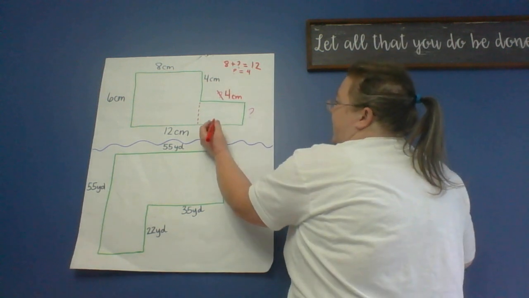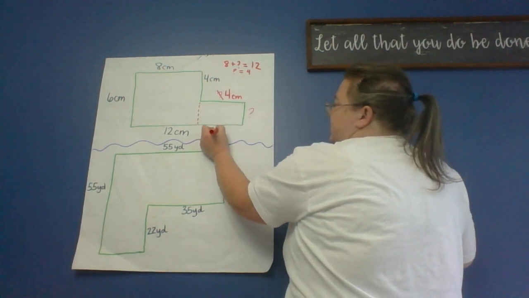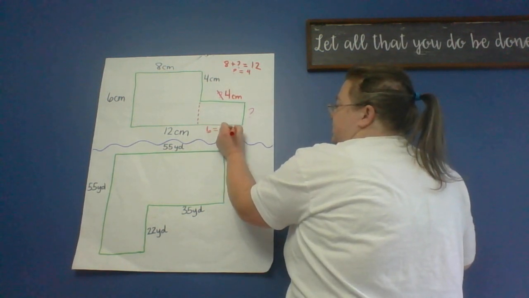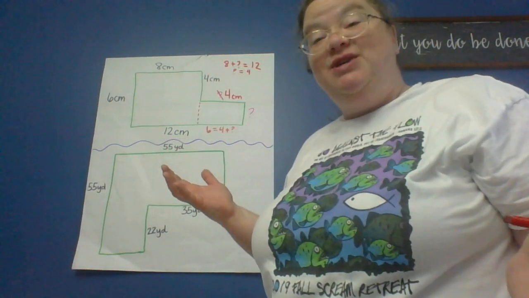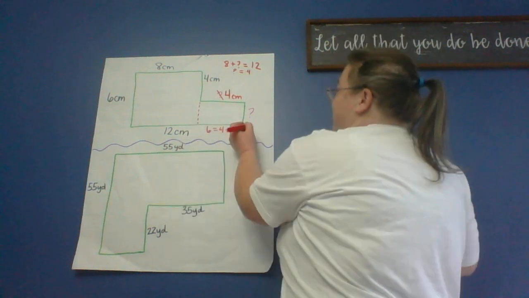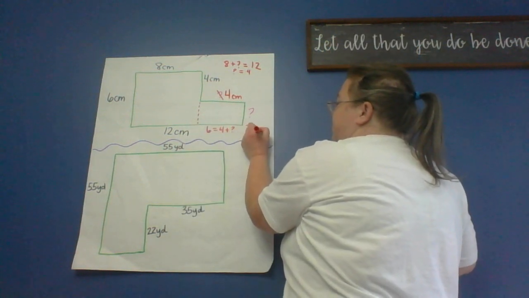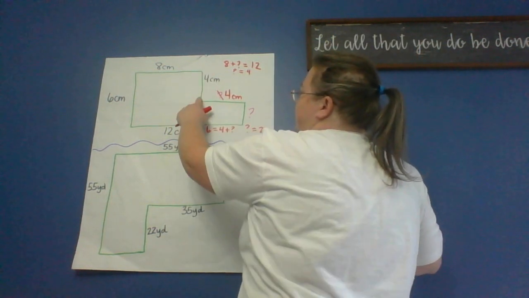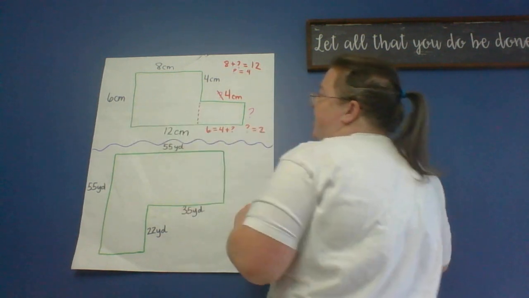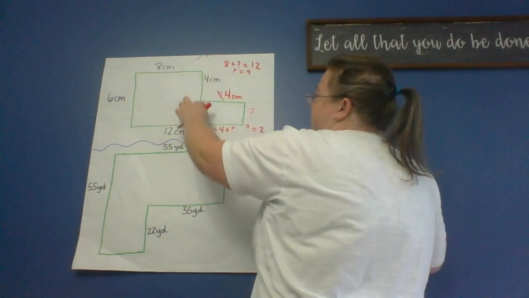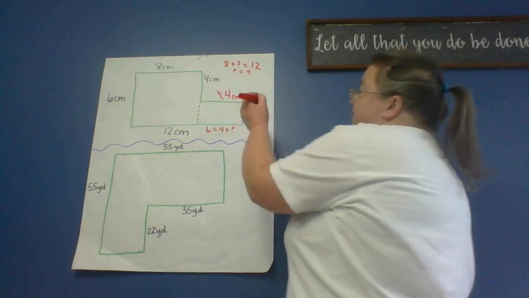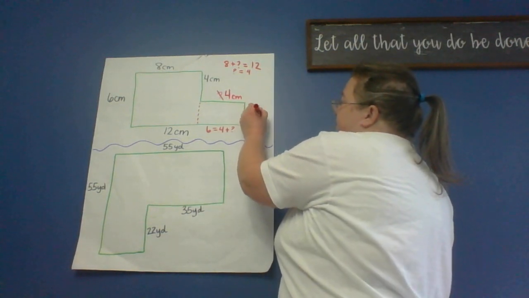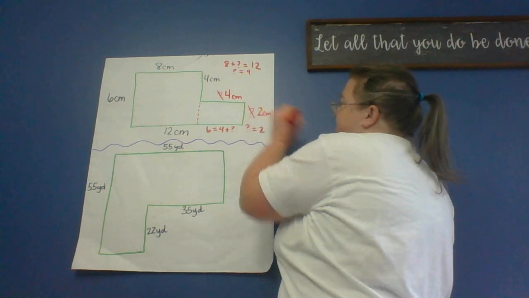So down here we have 6 equals 4 plus something. Again, that's pretty easy. We should know that that question mark is 2, because 4 plus 2 is the same as 6. And you can see here that this and this are the same length. So change that to 2 centimeters.